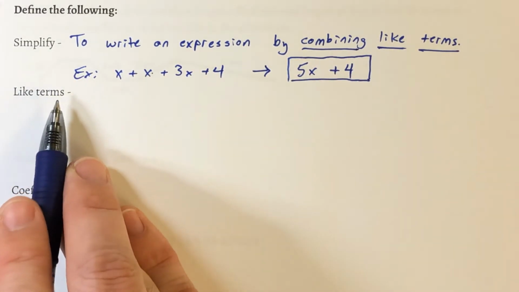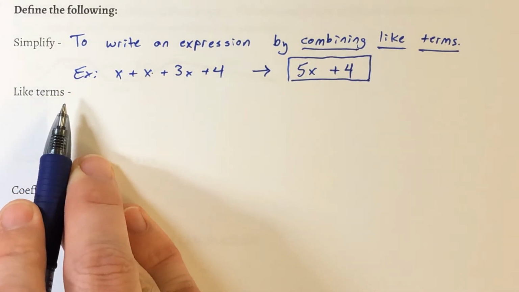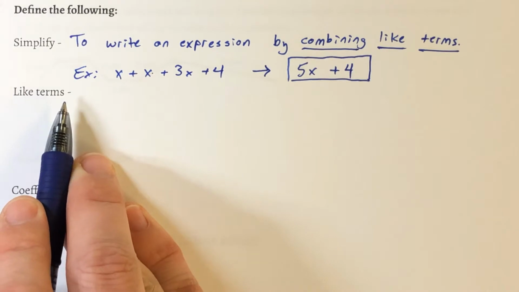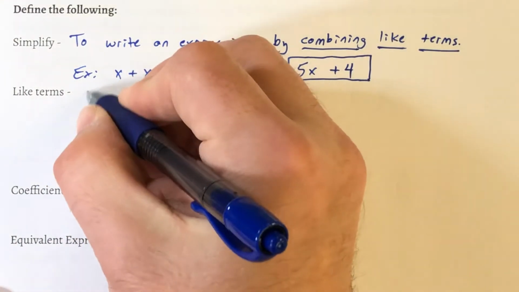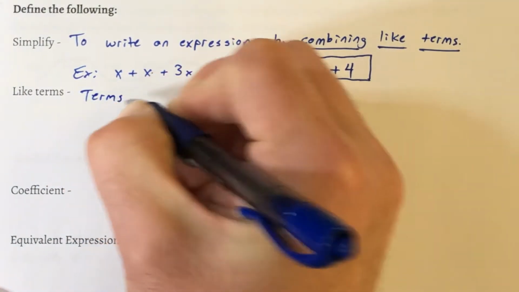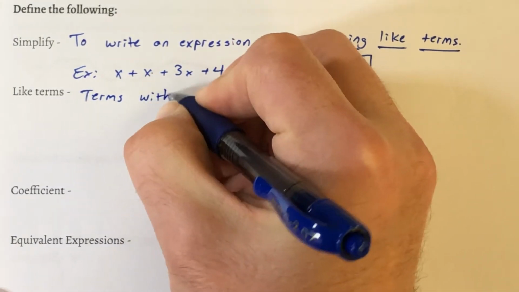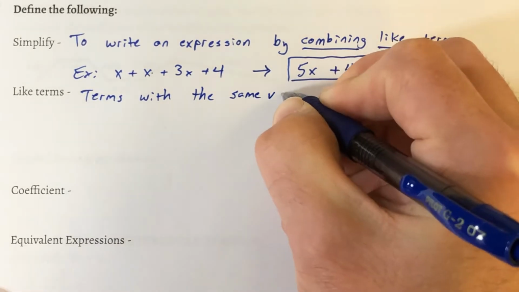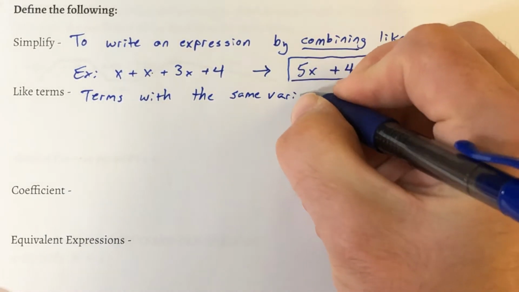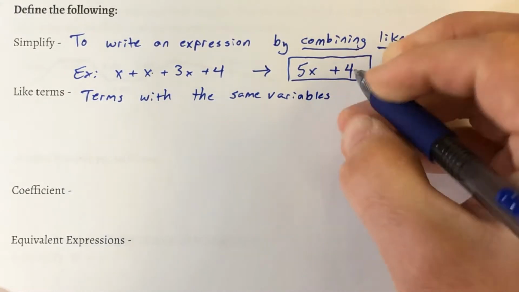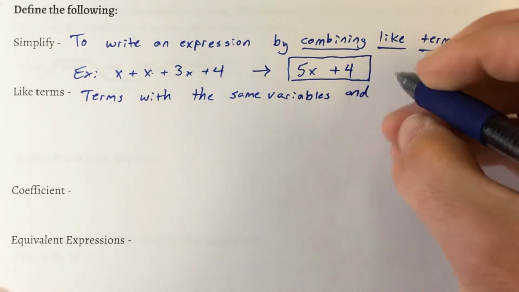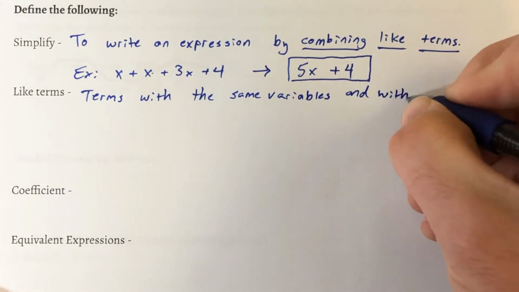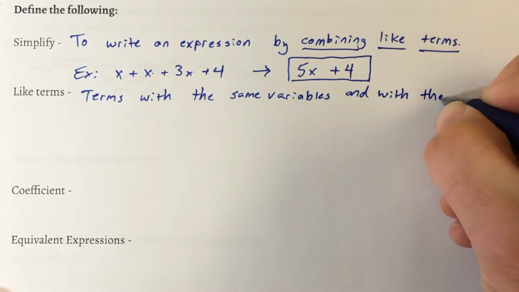Which brings us to our second term, like terms. Like terms refers to terms with the same variables and with the same exponents.